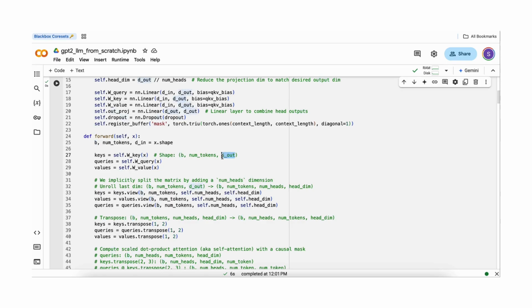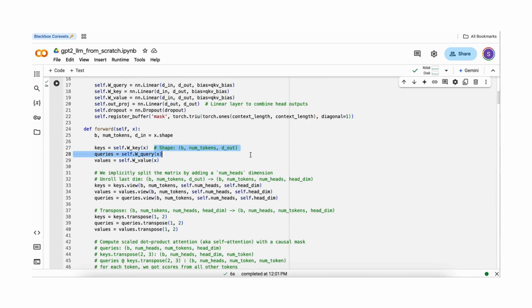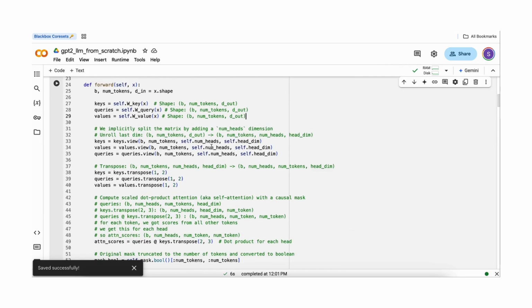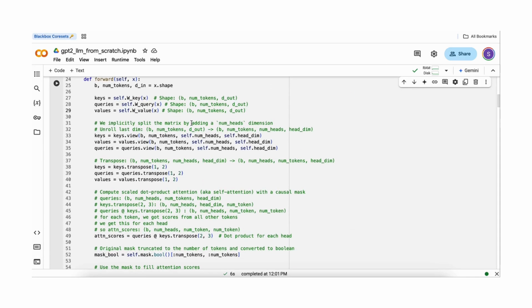So we go from D in to D out. That makes sense to us. And same here, the same for key and the values.